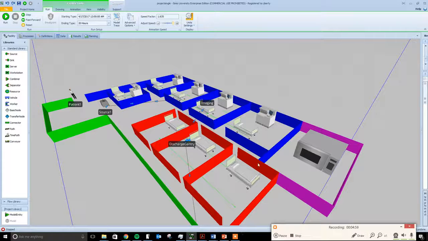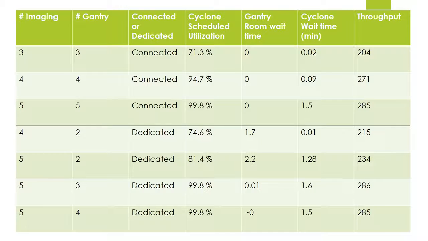The actual floor plan and layout, here's a summation of two parts of the optimization simulations that I ran. On the top here we have the connected variety, where we have the same amount of imaging rooms and gantry rooms because they are in fact connected, and only one of those reached a very maximal utilization of the cyclotron, whereas down here we have dedicated imaging rooms and gantry rooms separate, and two of these reached a very optimal level of scheduled utilization of the cyclotron.